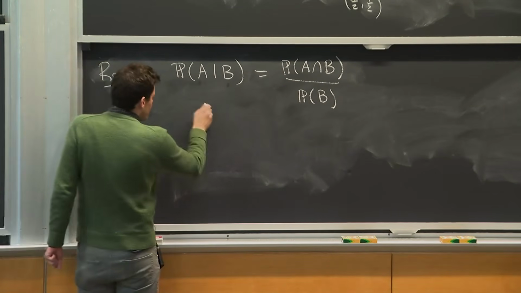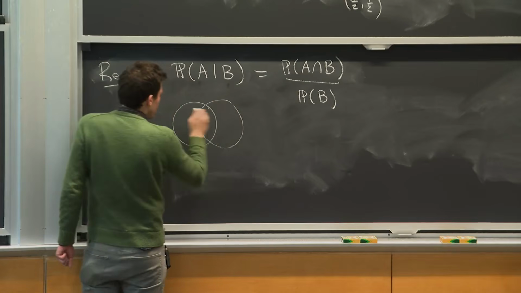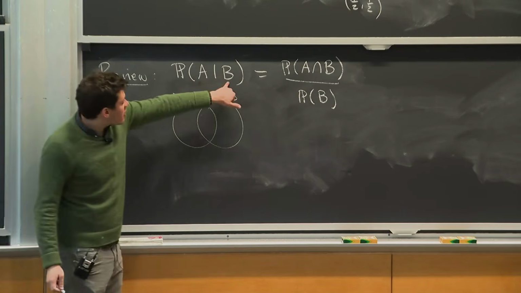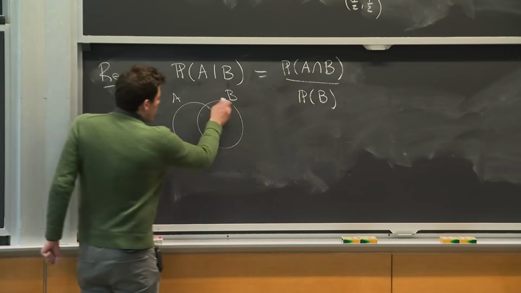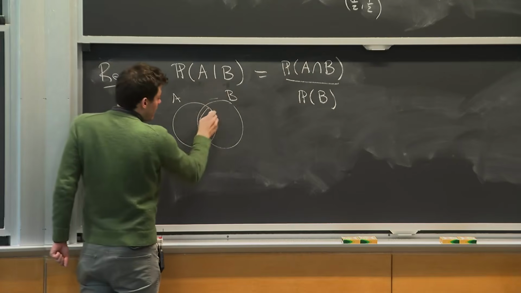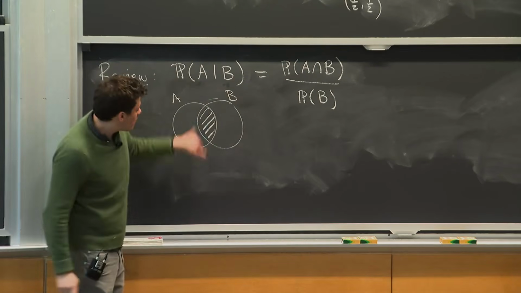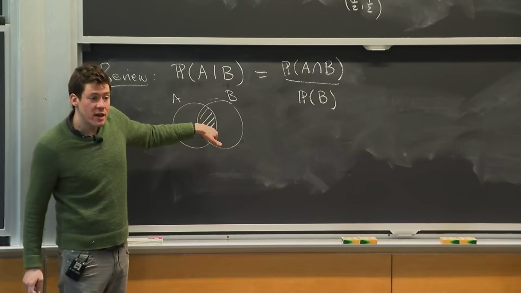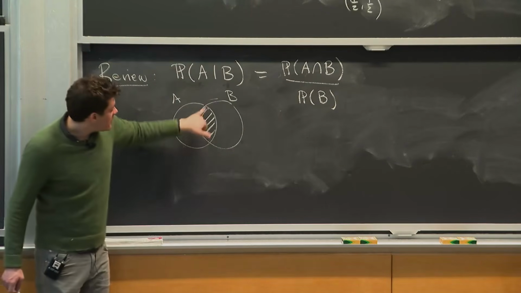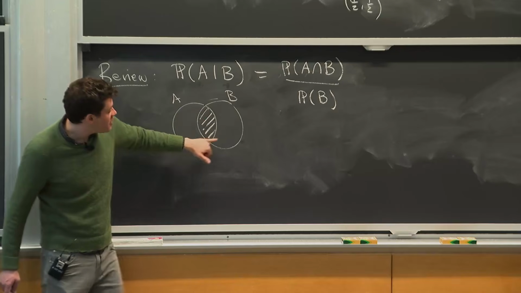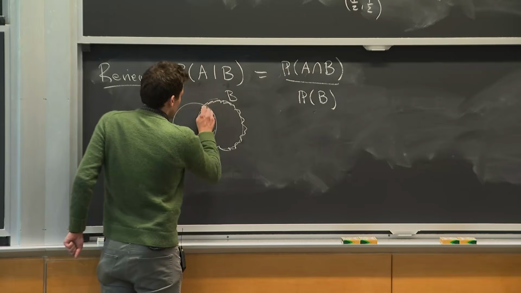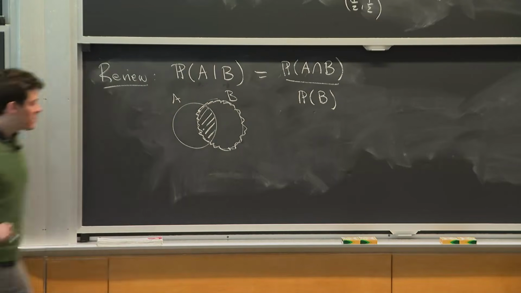In this basic picture, if this is A and this is B, what's the probability of A occurring given B? If we know that B occurred, we know we're somewhere in this circle. The probability that A occurs given B is saying, given that we're in circle B, what's the likelihood that we're in this shaded region? P of A intersect B is the probability that we're in this shaded region, and probability B is just the probability that we're in this outer circle here.